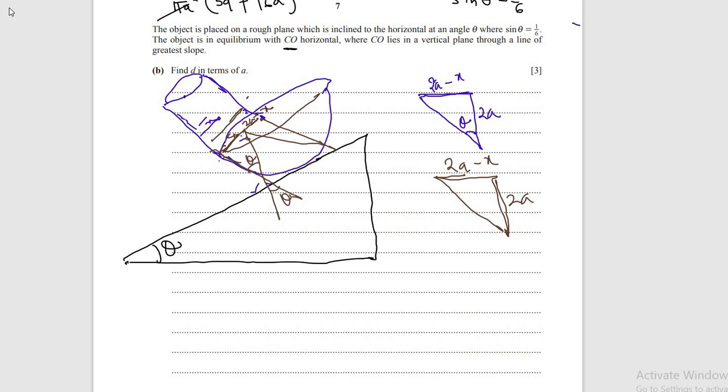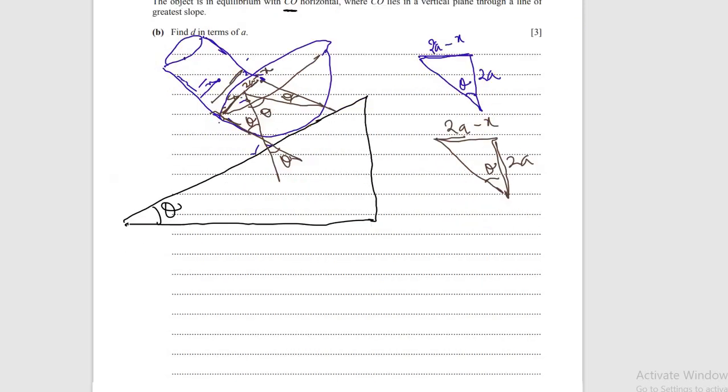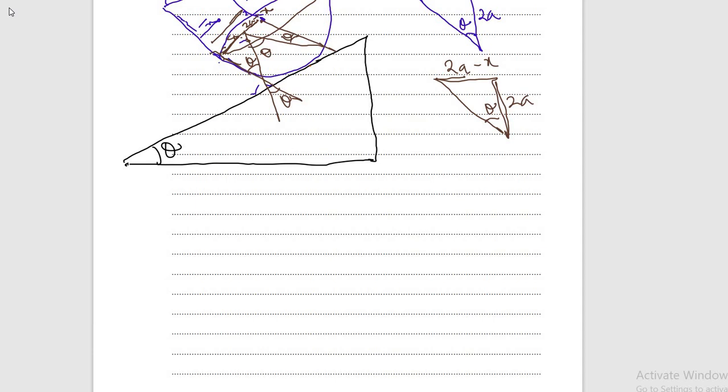Here is theta. Here is theta. Alternatively, here is theta. So now this is a triangle. From this triangle, tan theta will be 2A minus X over 2A.